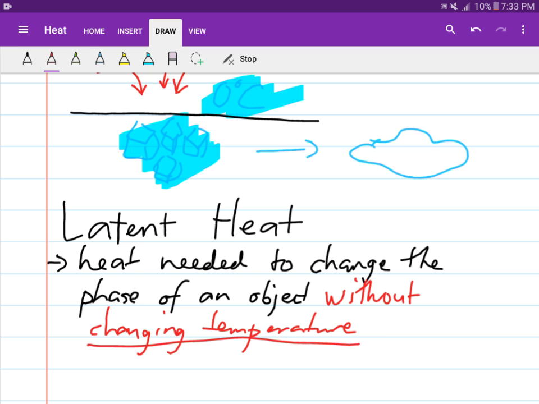Because if we change the temperature, that would be just normal heat, or the heat that we have studied previously. So latent heat is different from our normal heat.